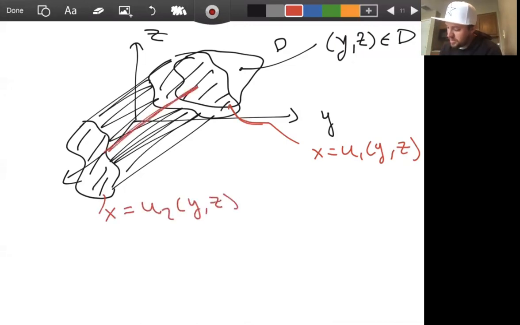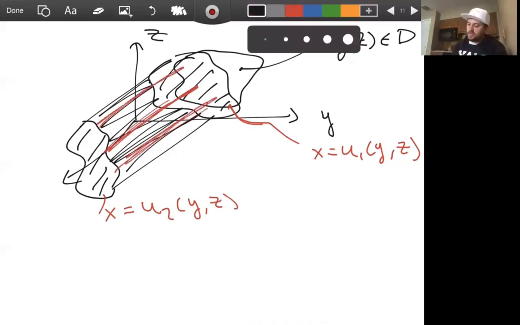And then the height here, the height in the x direction, is bounded by these two functions.